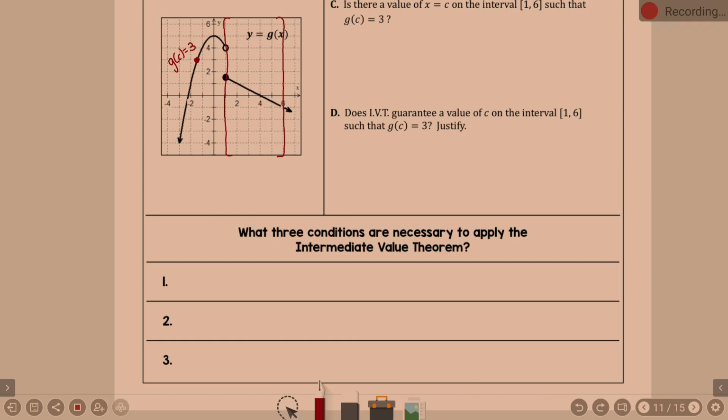And there's nothing in the 1 to 6 range that works. Okay, so no, there is no value on 1 to 6 such that g of C equals 3. And that's just eyeballing it. Nothing to do with the theorem, right?